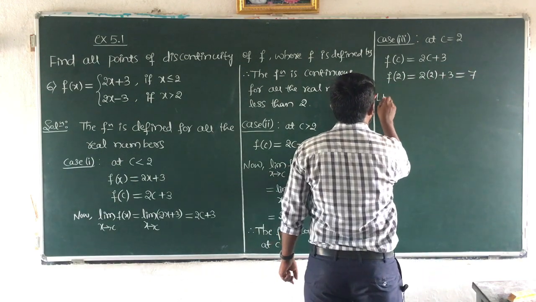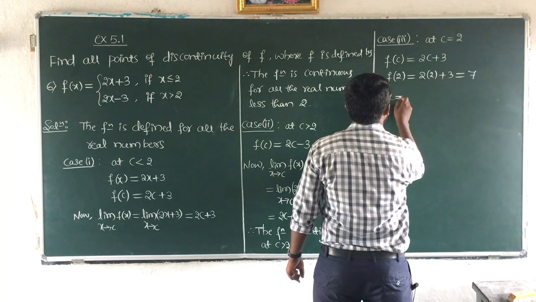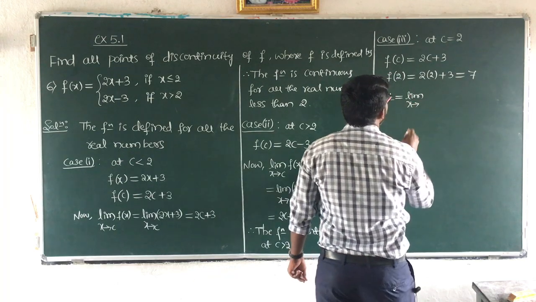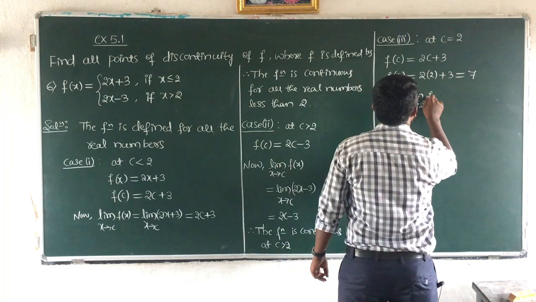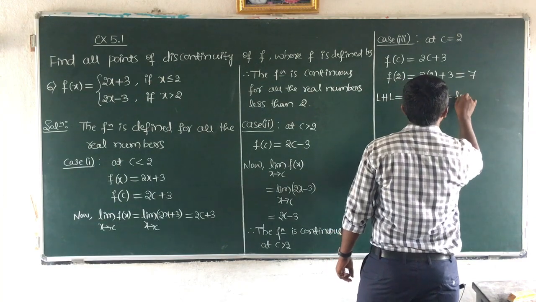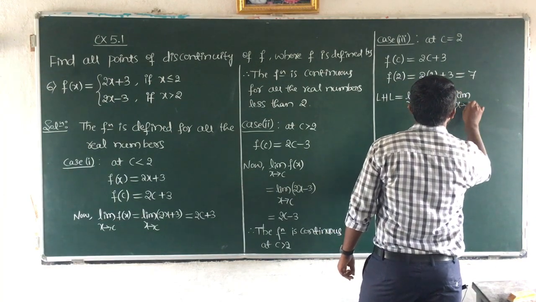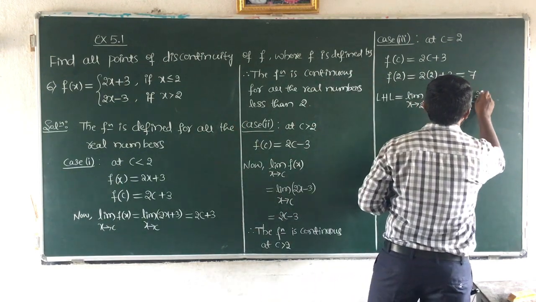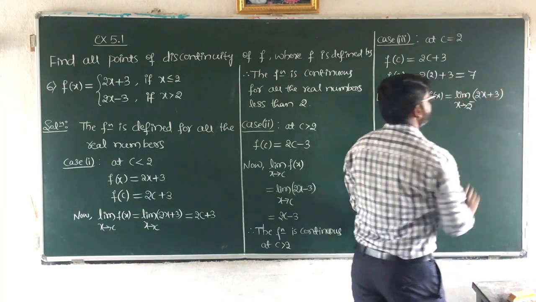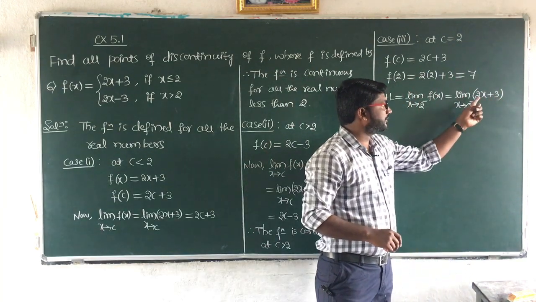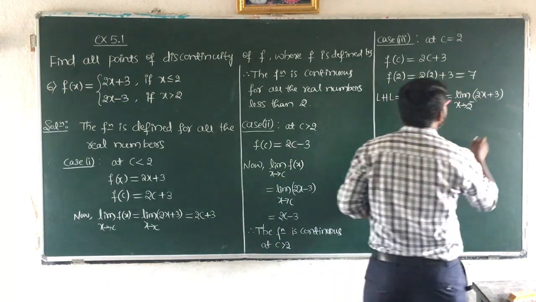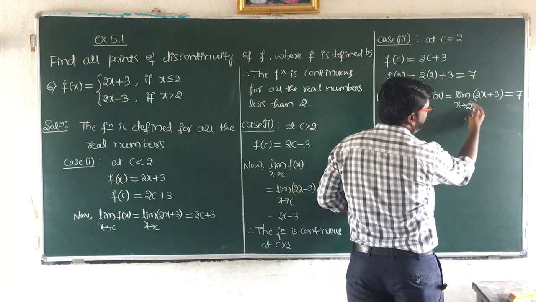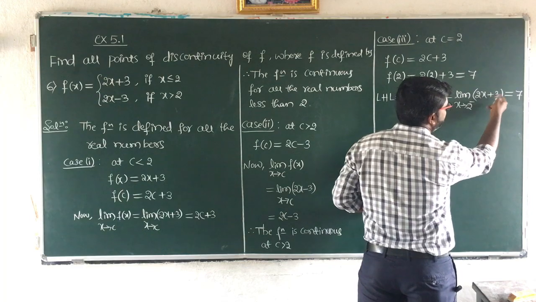Now I'll go for the left hand limit, LHL, which is the limit as x tends to 2 minus of f of x. x tends to 2 minus means less than 2, and the function is 2x plus 3. In place of x I have to write 2, so we get 2 into 2, 4, plus 3, it is 7.